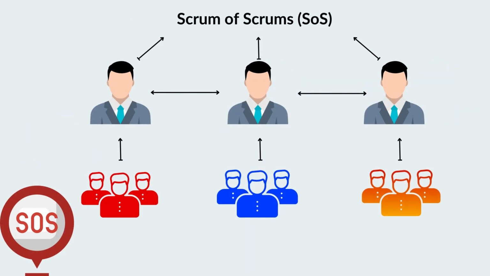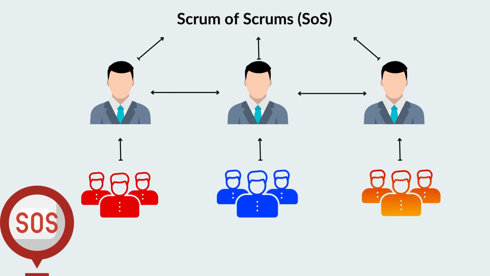Scrum of Scrums, SOS. The Scrum of Scrums is useful in larger projects where multiple Scrum teams work independently on their product backlogs. Regular meetings should be held where the representative of each Scrum team participates to discuss their progress, dependencies, and challenges. The representative can be the respective team's Scrum Master, but it is preferable to have someone from the development team, as some of the discussion may require technical depth.